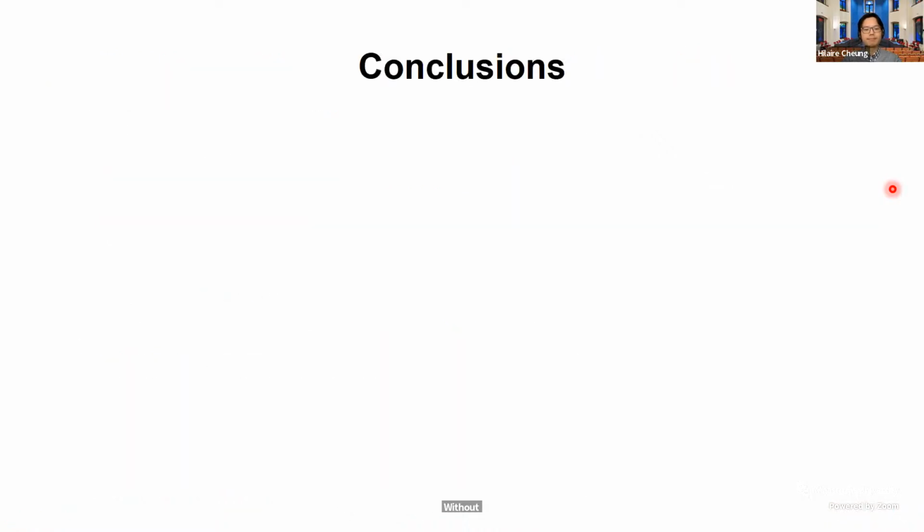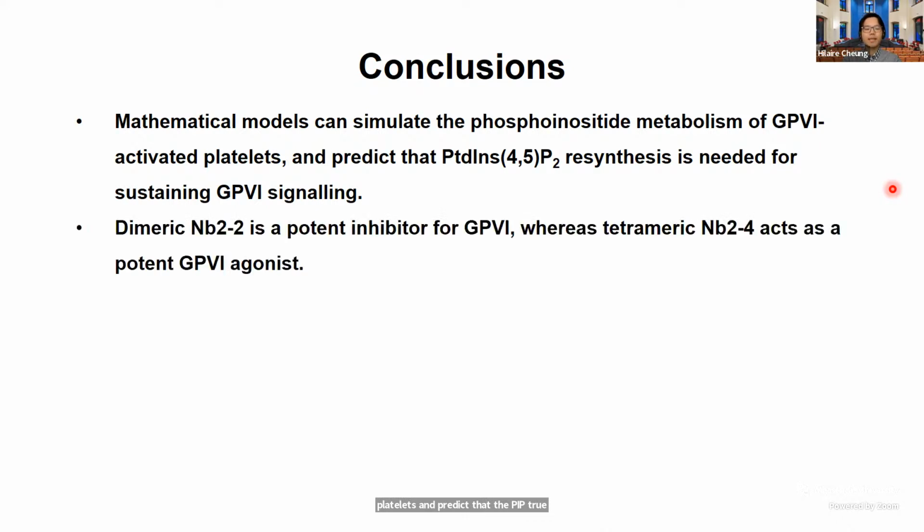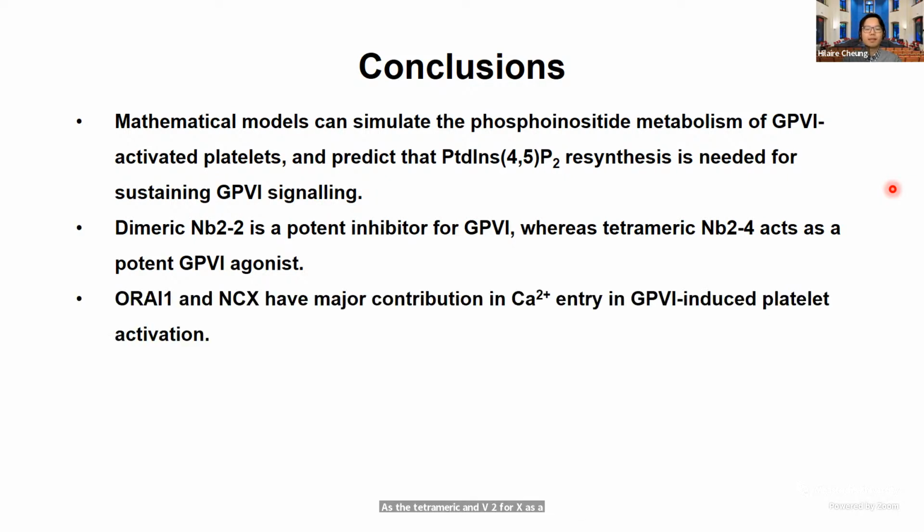To conclude, first, mathematical models can simulate the phosphoinositide metabolism of GP6-activated platelets and predict that PIP2 synthesis is needed for sustaining GP6 signaling. Second, dimeric MB22 is a potent inhibitor for GP6, whereas the tetrameric MB24 acts as a potent GP6 agonist.